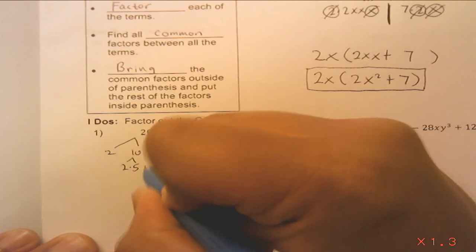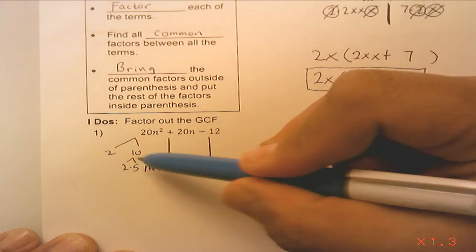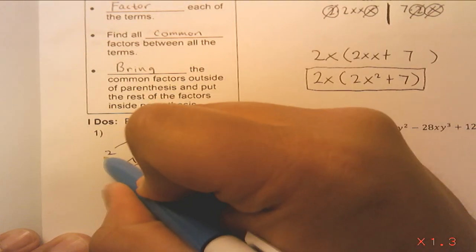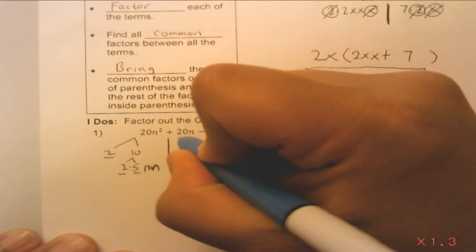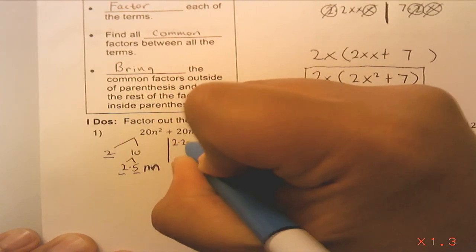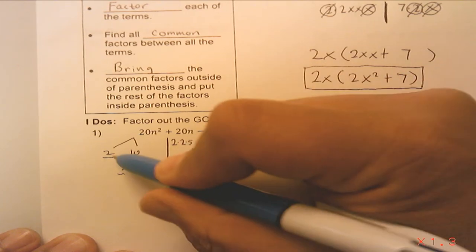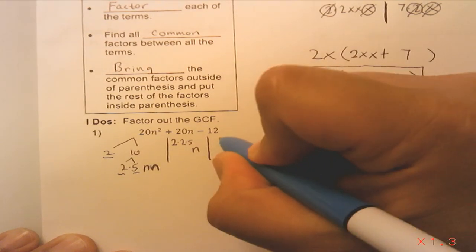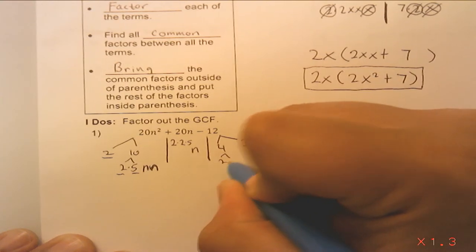And then I got 2 n's. That's my first group: a 2, a 5, and 2 n's. 20 again. I already broke apart a 20, so that's a 2, a 5, and an n. No need to do a factor tree when you just did one. And then 12 breaks into a 4 and a 3. 4 is a 2 and a 2.